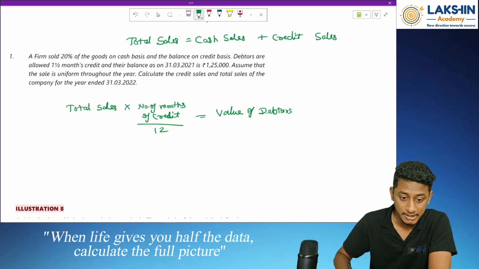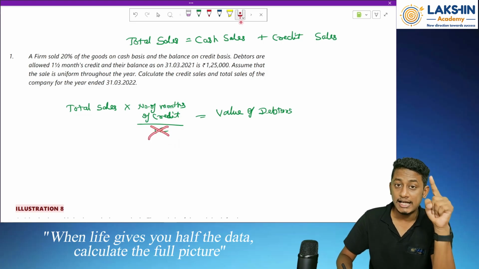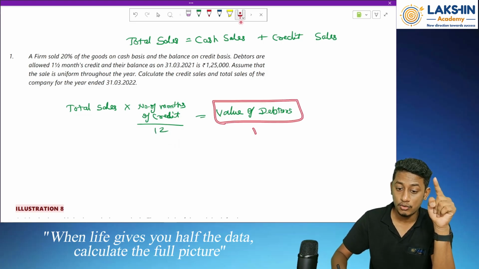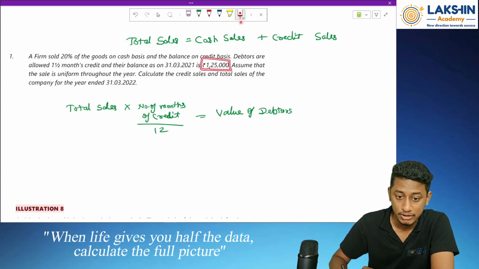If I divide it by 12, it will give me the debtors value for 1 month. If I don't divide it by 12, it will give me the value of debtors for the whole year. Clear? Now in this case, only the closing balance is given to me.